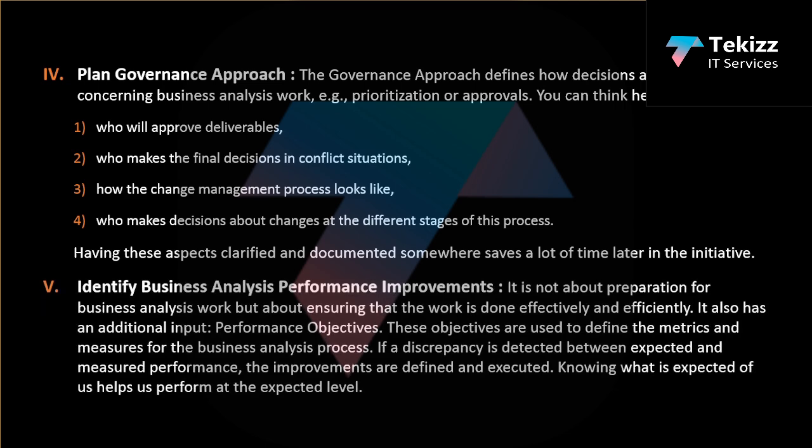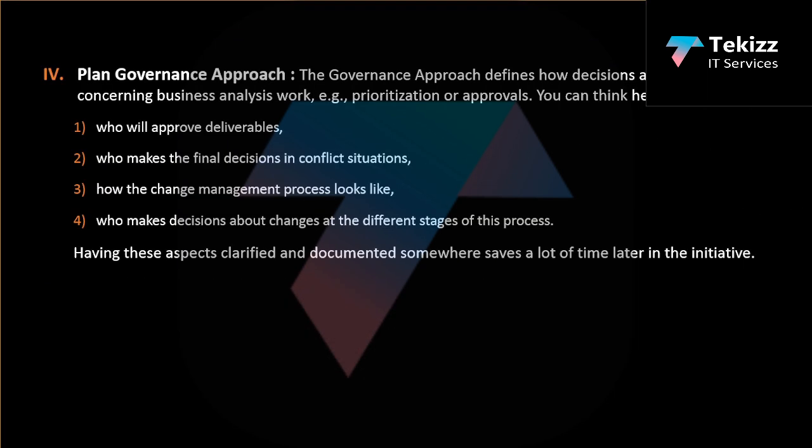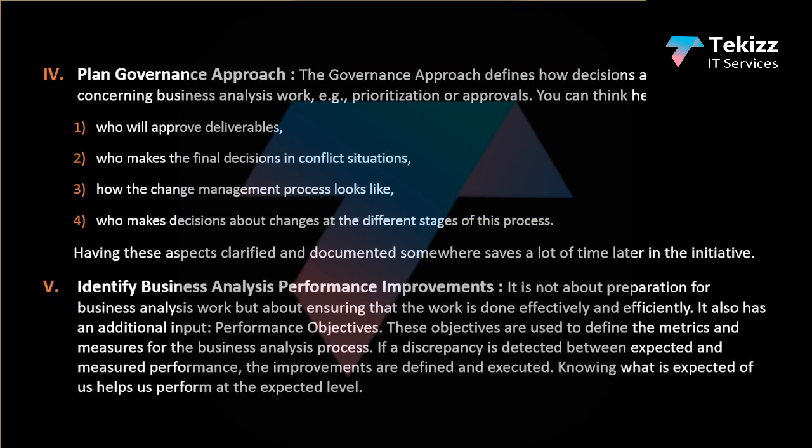And then identify the business analysis performance improvement. Now here, it is not about the preparation for the business analysis work, but about ensuring that the work is done effectively and efficiently. It also has an additional input, performance objectives. Now, these objectives are used to define the metrics and measures for the business analysis process.